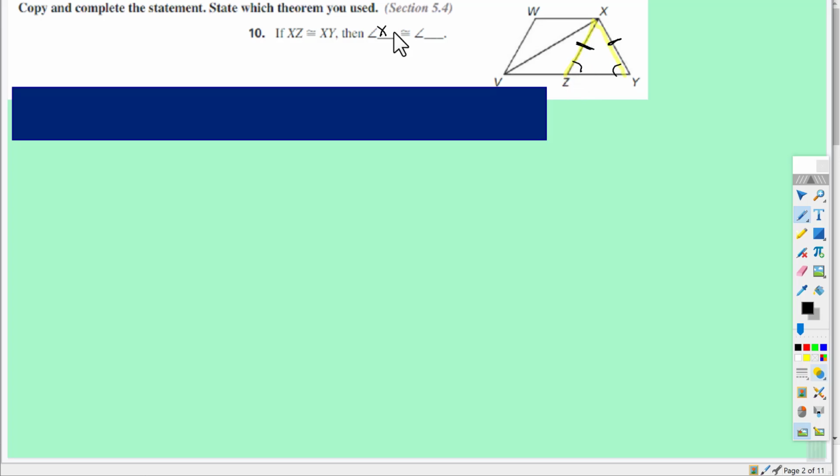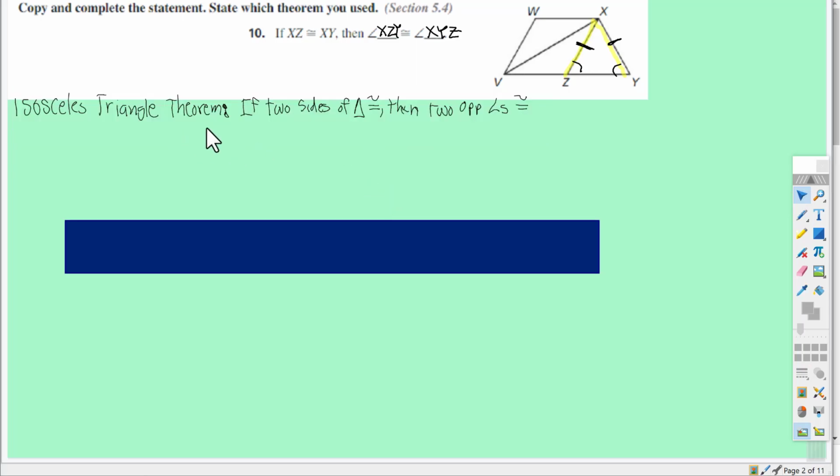So angle XZY and XYZ. All right. And again, it's because of the isosceles triangle theorem. We know that this is an isosceles triangle. Therefore, when two sides are congruent, their two opposite angles are congruent.